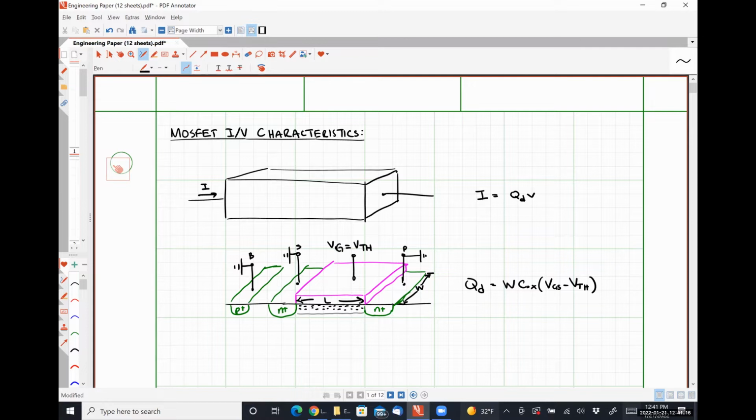If we were to increase the voltage present at the drain, what will happen?